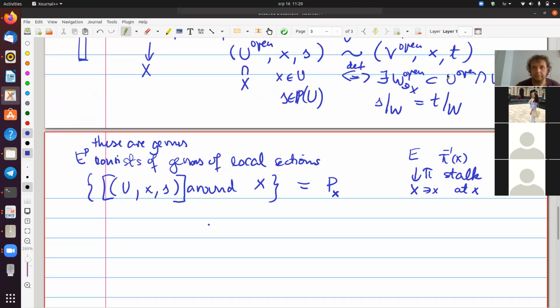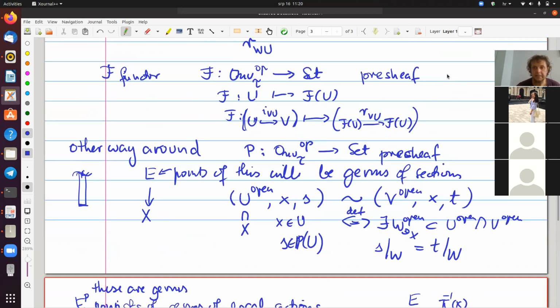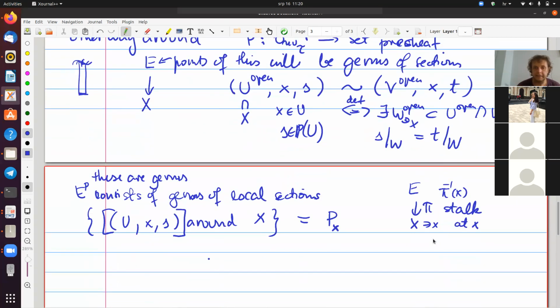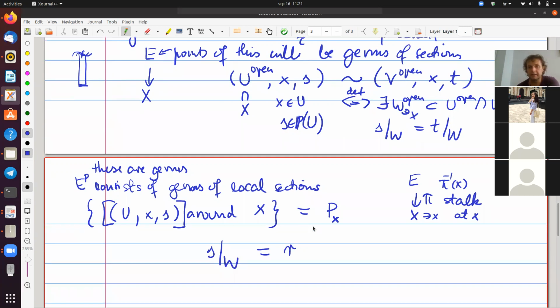Maybe it wasn't completely clear, because this restriction, I was writing like function restriction this way. By this, I should have said that this S restriction to W is in terms of P, because we started with P, and P was a contravariant functor.